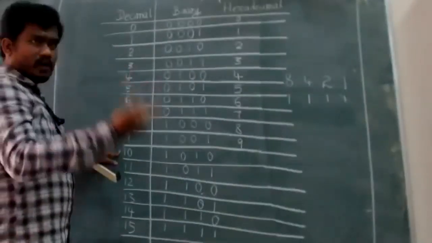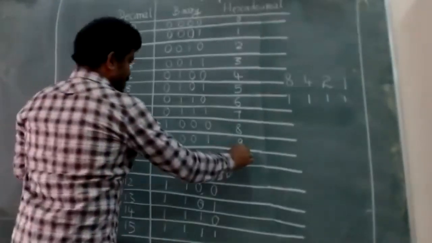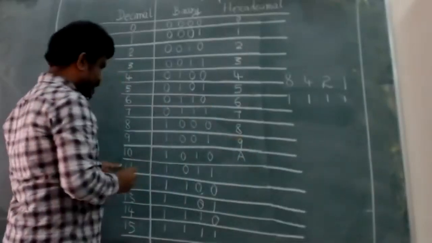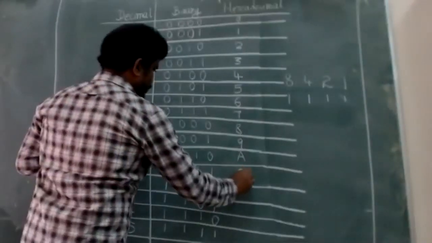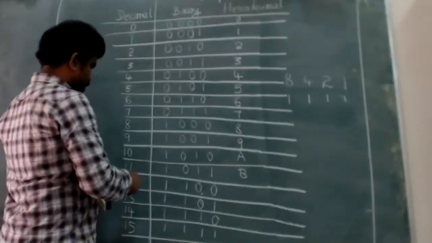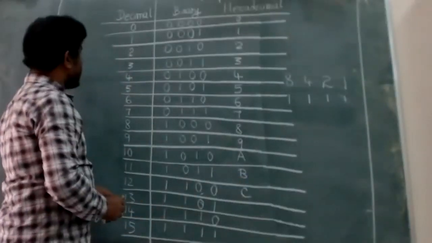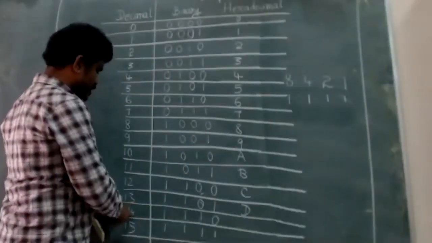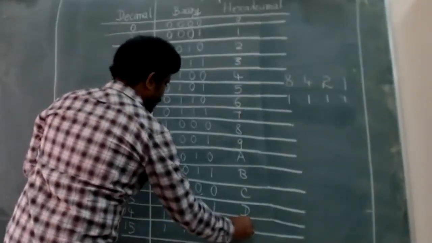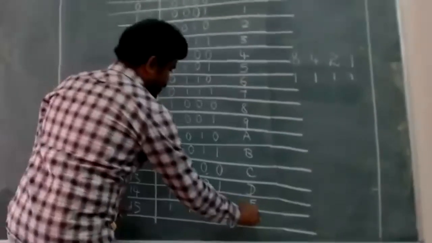And from 10 onwards, 10 in decimal is represented as A in hexadecimal, 11 in decimal is represented as B, 12 as C, 13 as D, 14 as E, and 15 in decimal is represented as F in hexadecimal.